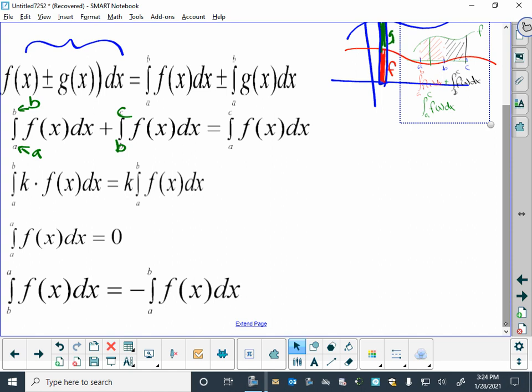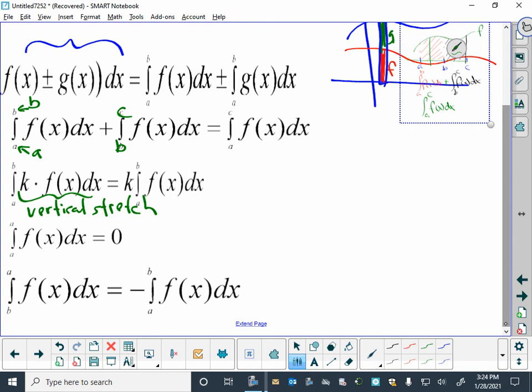All right, my next one, k times f of x dx. So, what is this k doing? This k times f of x is just f of x with a vertical stretch. So if I vertically stretch the function, I've changed the height of every one of my rectangles by exactly the same amount.